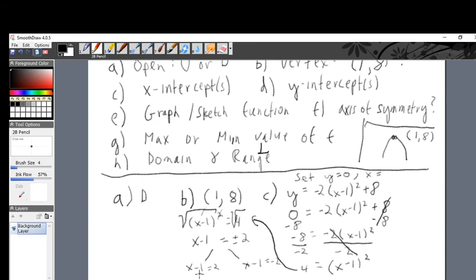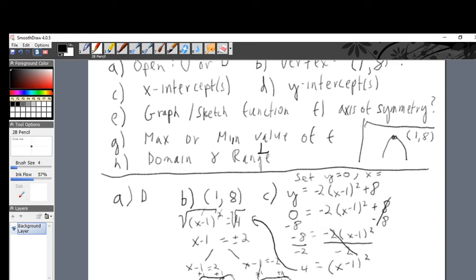Plus 1 on both sides, I get x equals 3. Here's one of my intercepts. And plus 1 on both sides, I get x is equal to negative 1. Here's my other intercept.